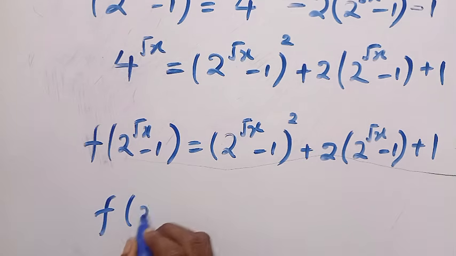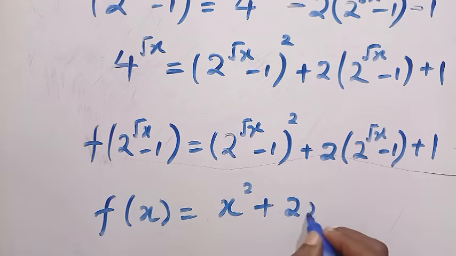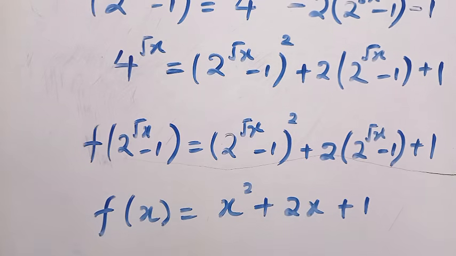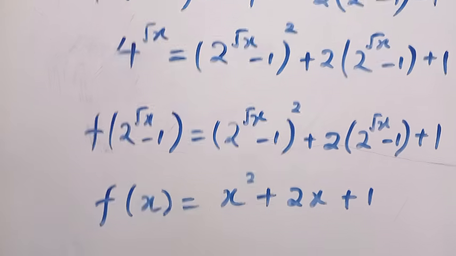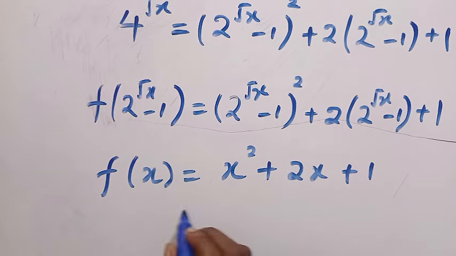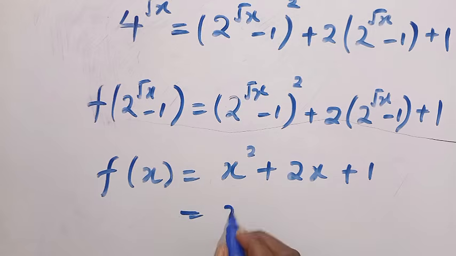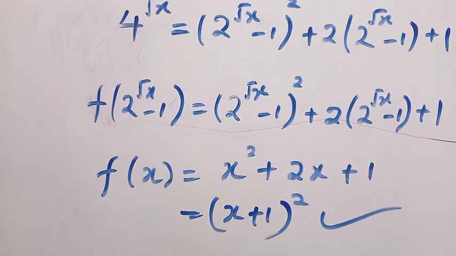And we have f(x) = x² + 2x + 1. Makes sense? And initially we got (x + 1)². This whole of x² + 2x + 1 is the same thing as (x + 1)². And we get the same answer as the first one.